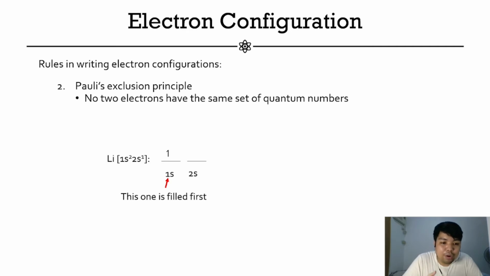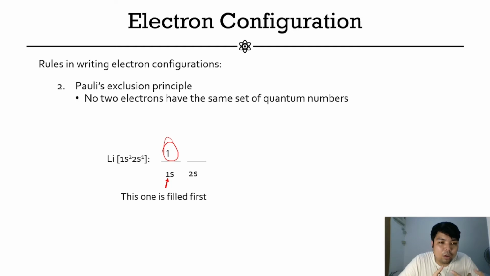Now remember that orbitals can accommodate at maximum 2 electrons. Since the 1s orbital only has 1 electron, we still have one more. The next electron will be here in order to completely fill the 1s orbital. Now the next electron that will be paired to this lone electron will have the same values of n, l, and ml.